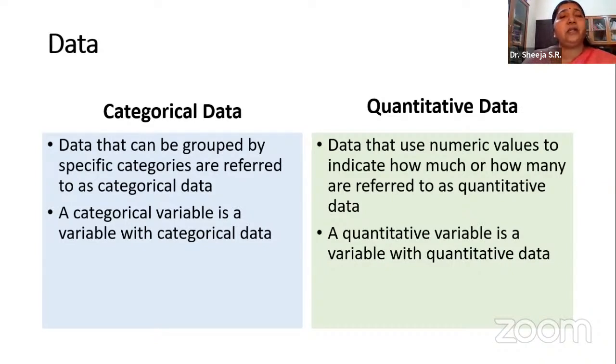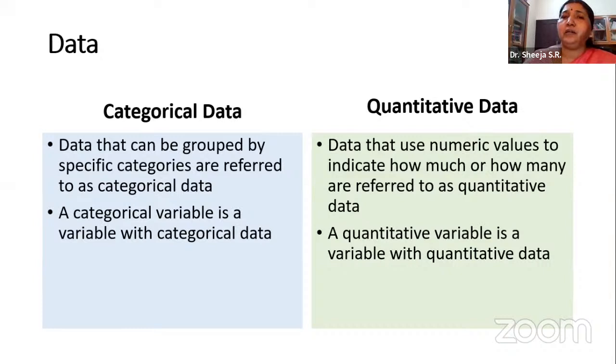Or if you are classifying people on the basis of their preference for a particular color, then you can identify different categories. Such type of data is known as categorical data. Data that can be grouped by specific categories are referred to as categorical data. And a categorical variable is the variable with categorical data.